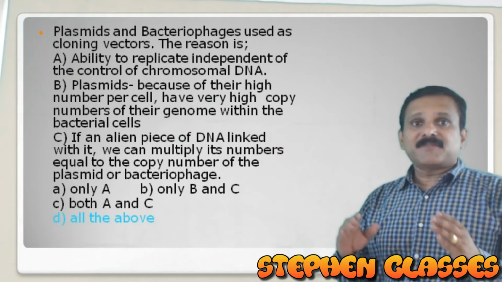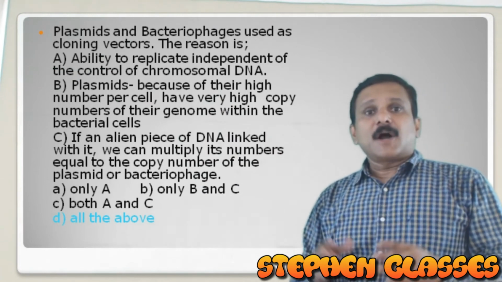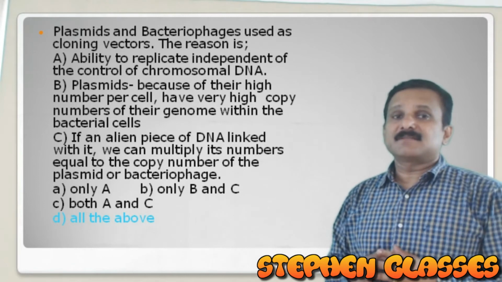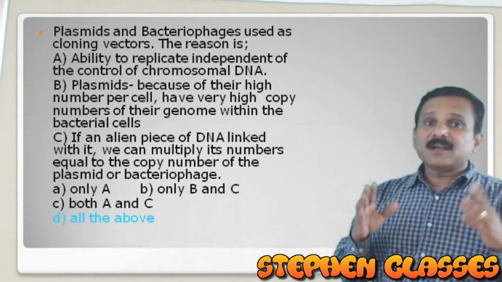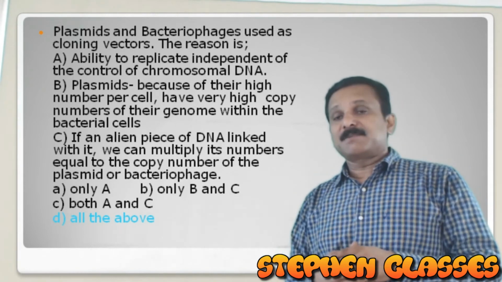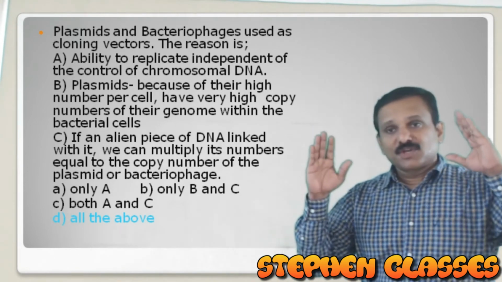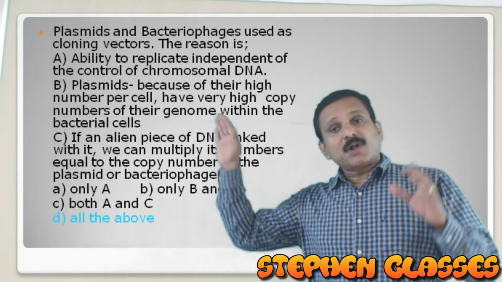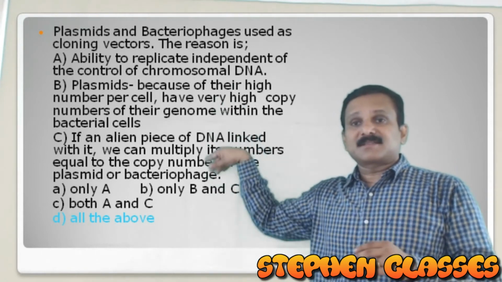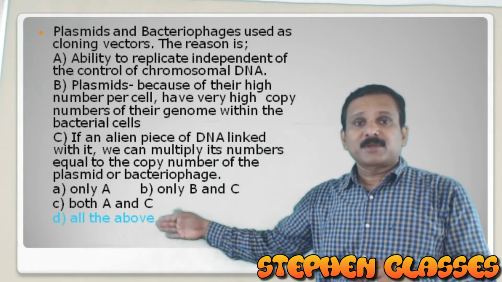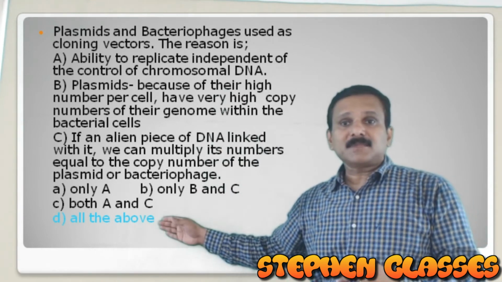Options A and B are for plasmids, and option C is also applicable for these kinds of vectors. If an alien piece of DNA is linked with it, we can multiply its numbers equal to the copy number of the plasmid or bacteriophage. All are taken directly from your textbook. So all these statements are true for vectors. That is why we use them in recombinant DNA technology. So the answer is option D here.